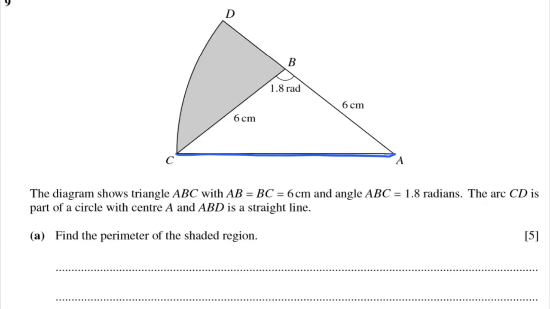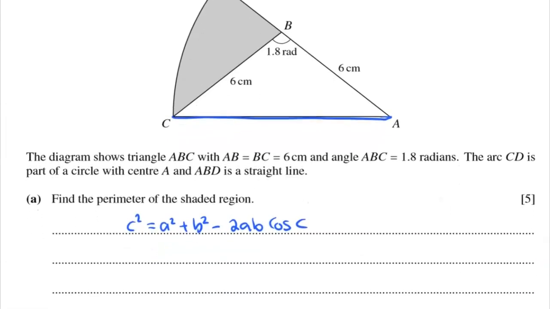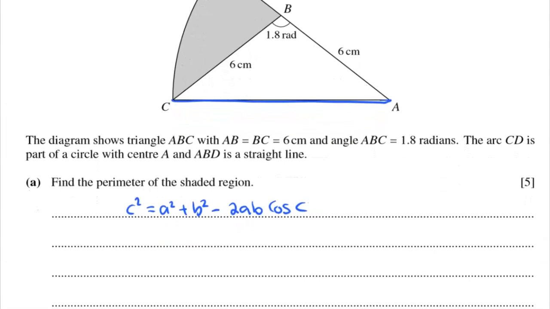You bet we can. It is called the cosine rule. C squared is A squared plus B squared minus 2AB cos of C. Okay, let's work on this. Actually, let's not call it AC, let's call it the radius.